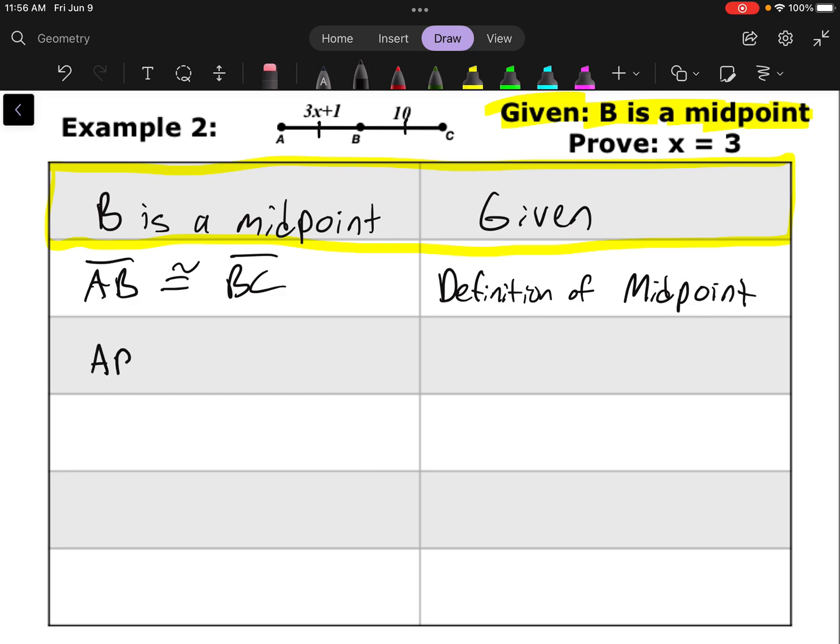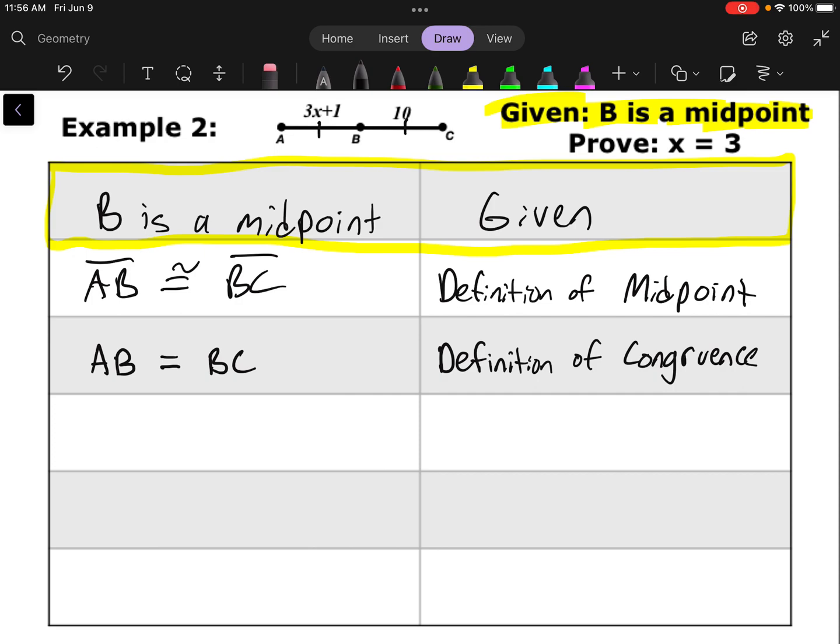What I'm going to do is switch from AB is congruent to BC to the length of AB is equal to the length of BC. And that's by the definition of congruence. Remember, if we need to switch from congruency symbols to equal signs, we use the definition of congruence.